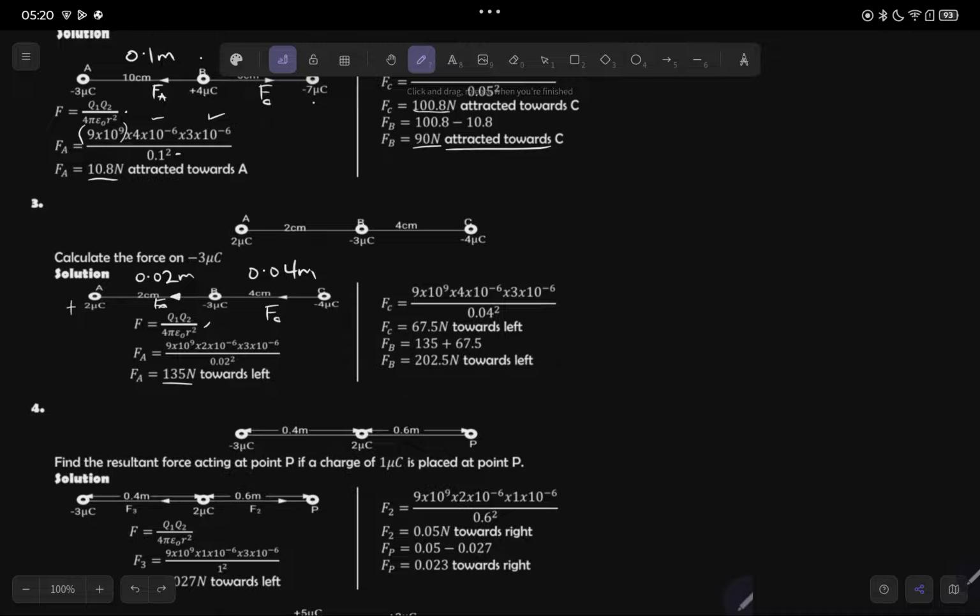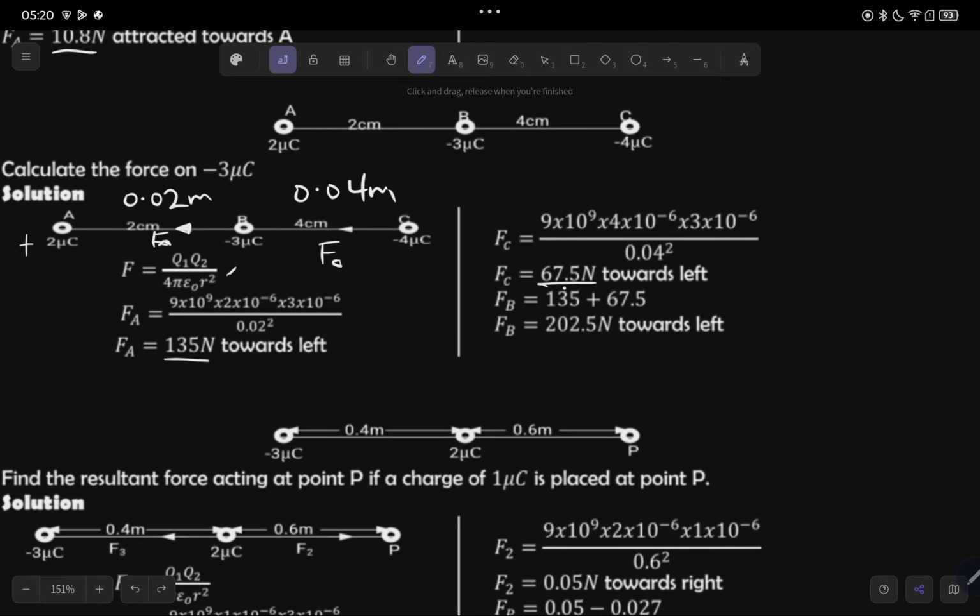Then Fc, upon substituting charge at C, charge at B, and the distance 0.04, we get 67.5 newtons. It is towards the left because it's being pushed away. It is a repulsive force. So in the end, since they are all pointing towards the left, we add the two forces and they give us a total of 202.5 newtons, and it is towards the left.